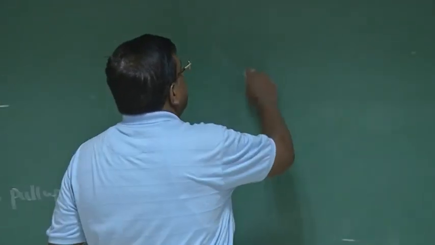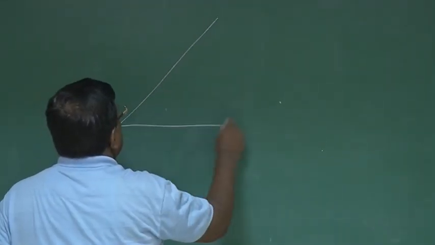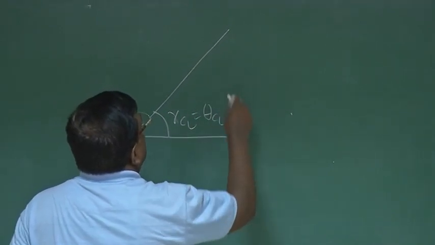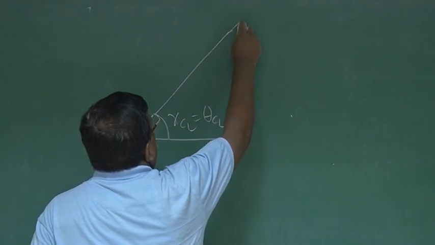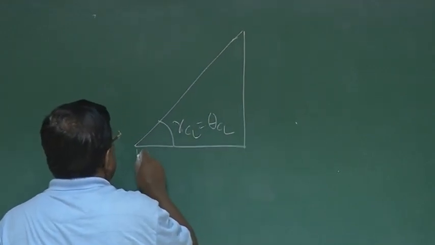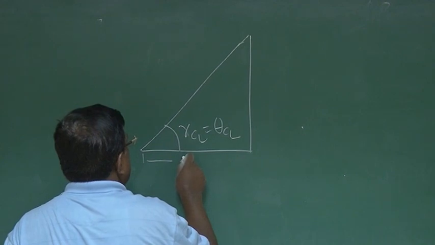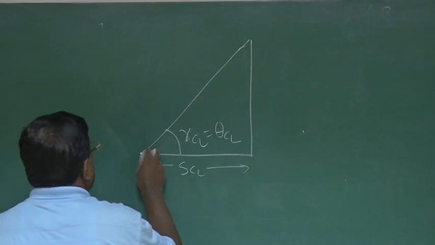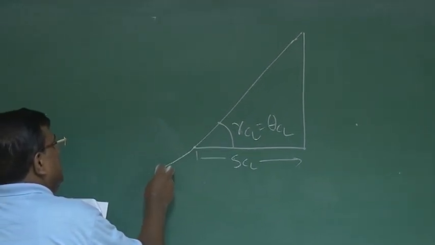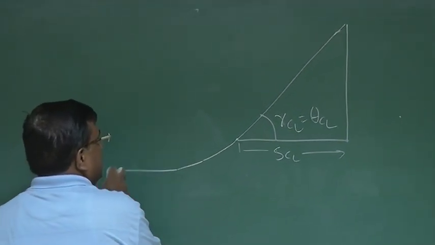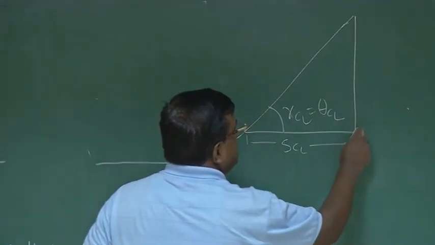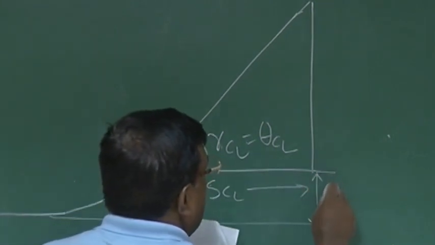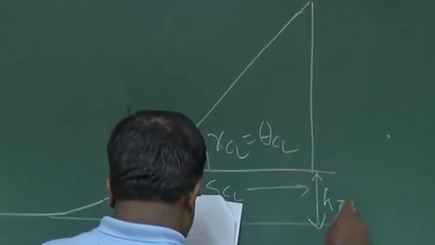Finally, we are left with this gamma CL. Many books will write it as theta CL. And to find this distance, which is SCL, you know, there was a pull-up, there was a roll, and like this. Let's say this distance from the ground is HTR.